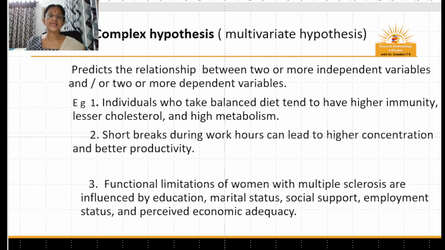So here, functional limitations is the dependent variable, whereas all the others, education, marital status, social support, employment status, and perceived economic adequacy, are independent variables. So here two or more dependent or two or more independent variables are there. That is why it is called complex hypothesis or multivariate hypothesis.